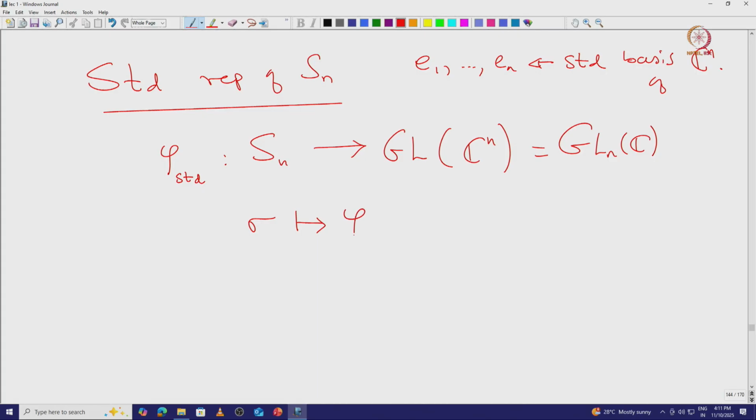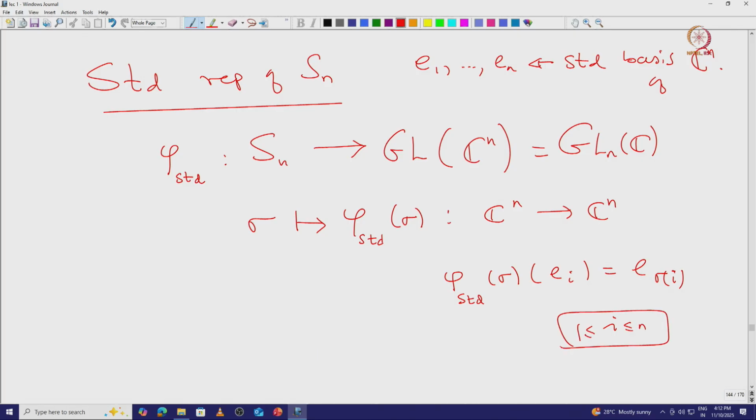Given sigma, phi standard of sigma is defined to be a linear map from C^n to C^n, so it is enough to define it on the basis: e_i is sent to e_sigma(i) for all i from 1 to n. And it is not hard to check this indeed gives us a group homomorphism from S_n to GL_n(C).